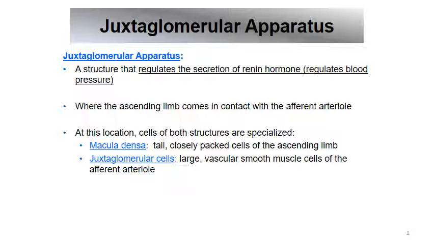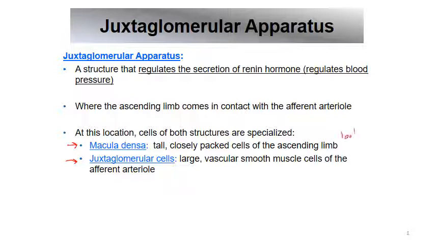Okay, so this apparatus is actually made up of two different types of cells. Macula densa cells. Know that these are really where the ascending limb of the loop of Henle comes close to the nephron. So we're going to see this on the picture. The other cells, the juxtaglomerular cells, these are the cells of the afferent arteriole, where they come close to the nephron.